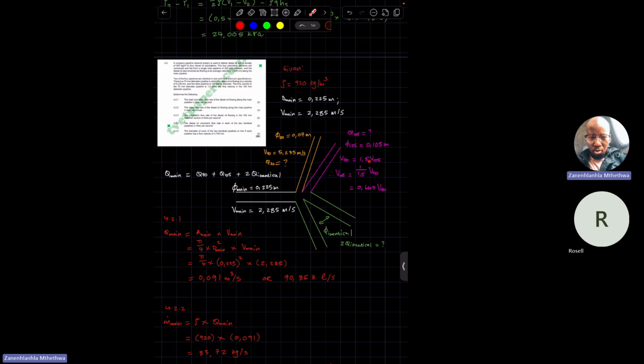So essentially, mathematically, this is what they mean. Which therefore means that, remember here, we already have the flow velocity of the oil through the 70 millimeter diameter pipeline.